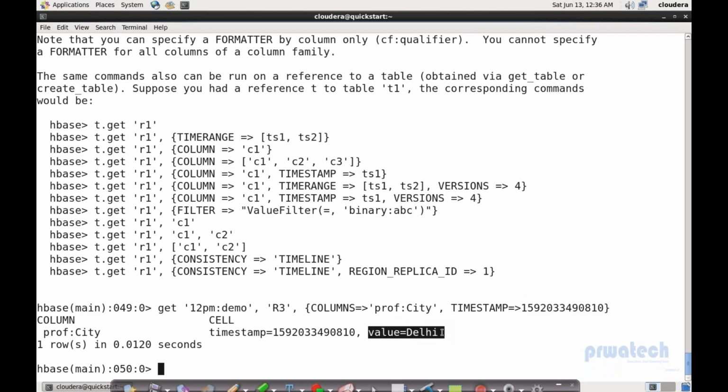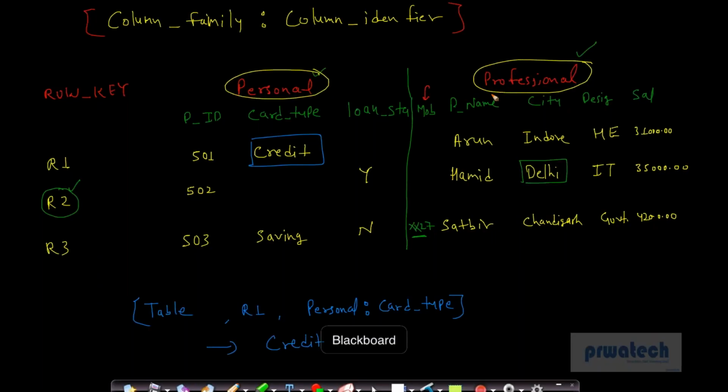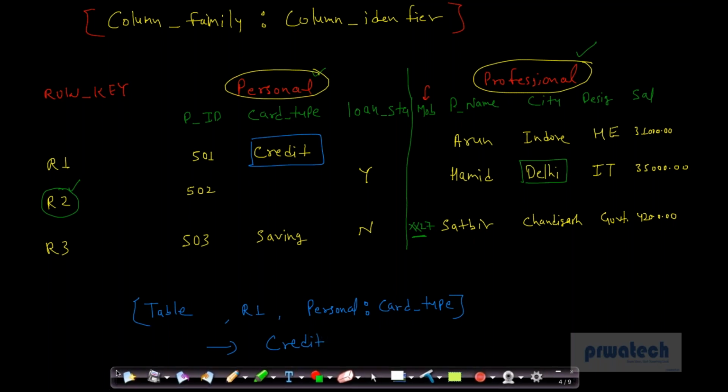This is about your version, and you can maintain this versioning on any number of column family, but not on the column identifier. If you apply it on a column family, it is applicable by default for all of its column identifiers, which means all these column identifiers can manage 3 historical versions. And it's very important for business nowadays, because we are mainly talking about data science and many other things.